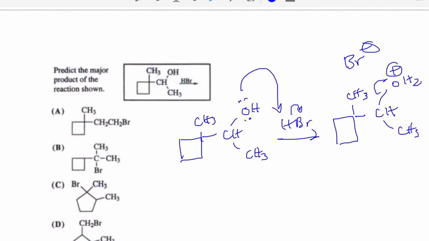So this pair of electrons goes to this OH2, and what we're left with is this compound, a secondary carbocation.